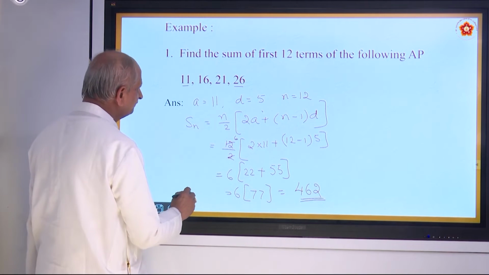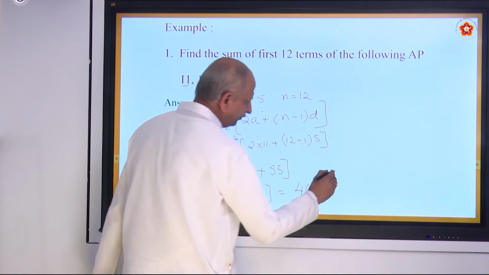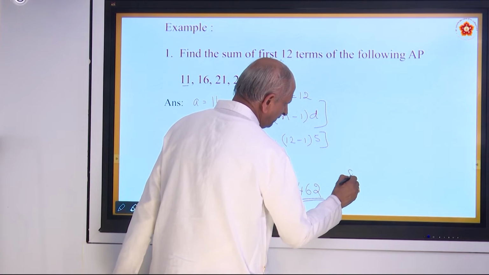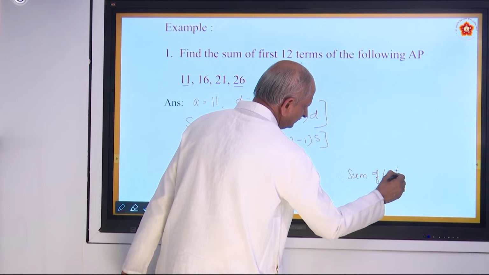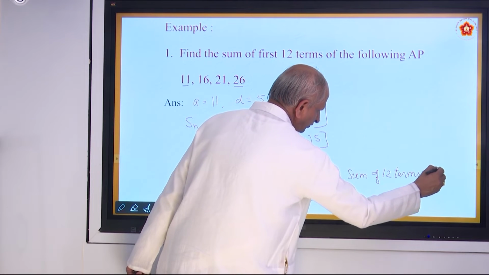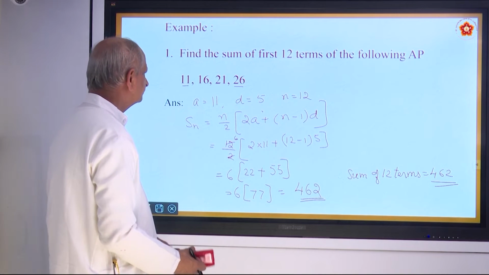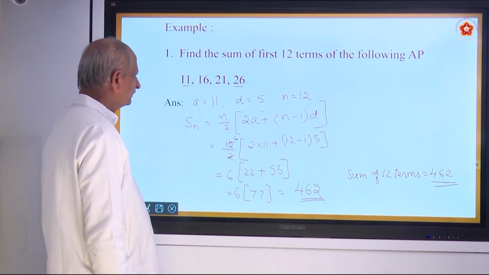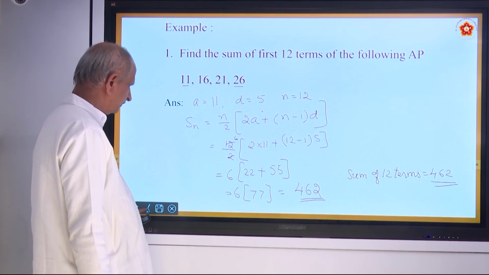So, sum of 12 terms, you must write the answer. Therefore, sum of 12 terms is equal to 462. Okay, that is the answer. You got it? Very nice.